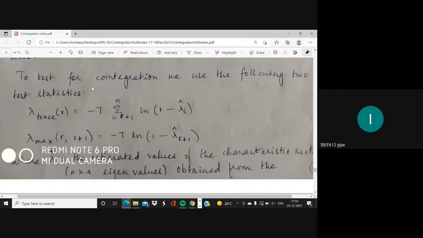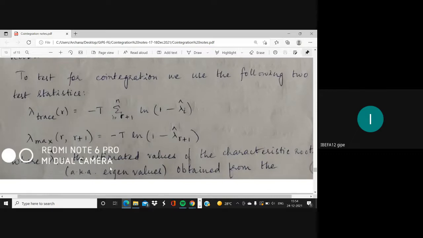Now to test for co-integration itself using the Johansen method, we use the following two test statistics. One is known as Lambda Trace and the other is Lambda Max. Lambda Trace does not have a very specific null hypothesis, but Lambda Max has a specific null and alternative hypothesis.